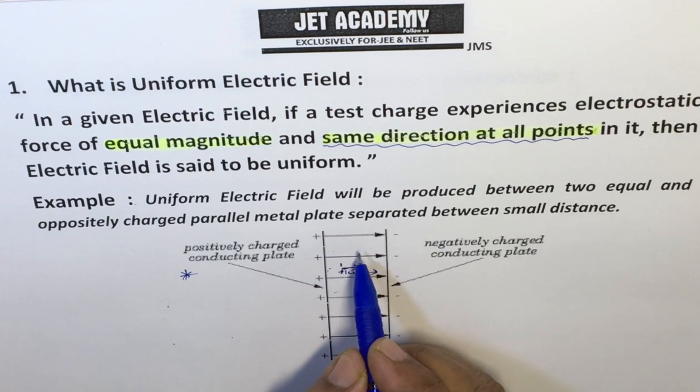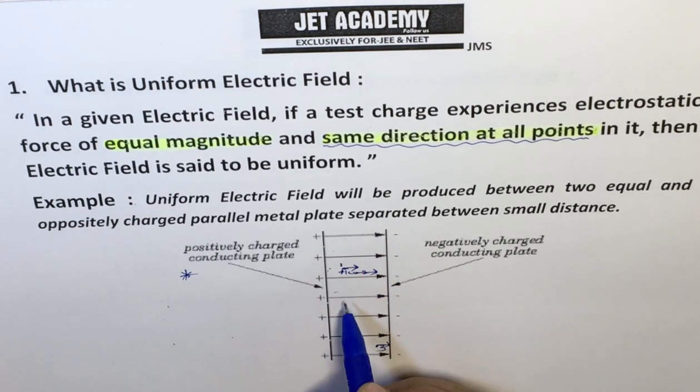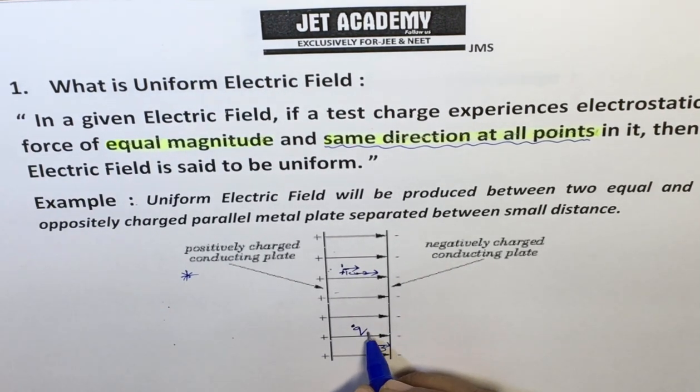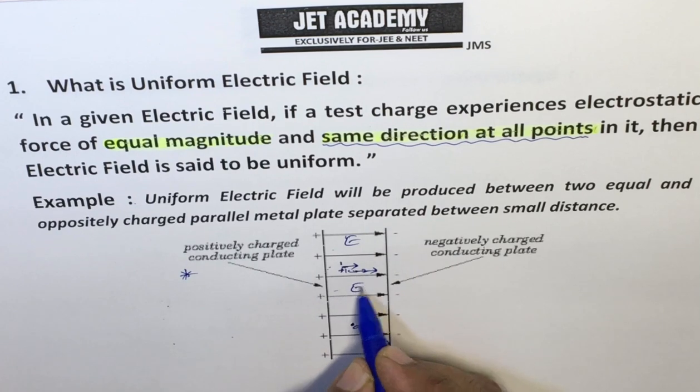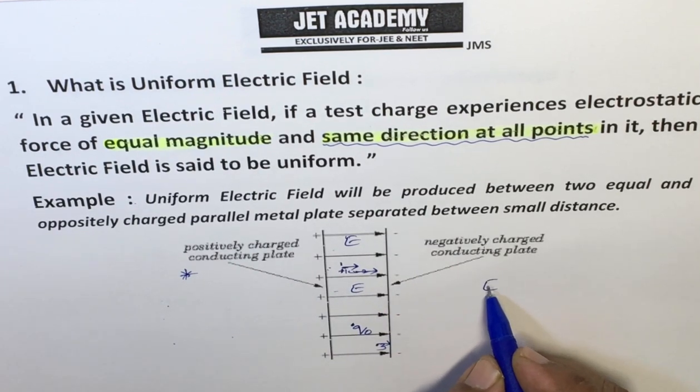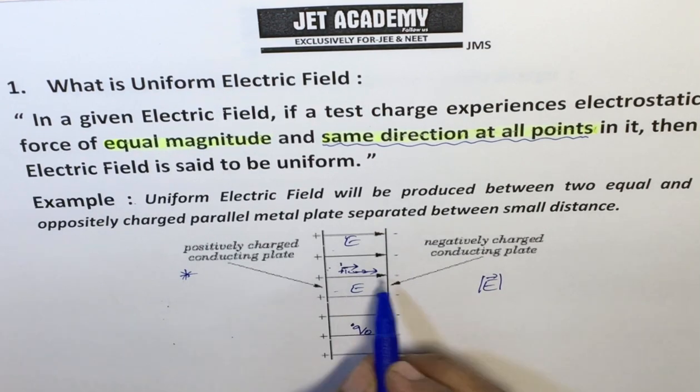If you keep a charge anywhere between these plates, the Coulombic force experienced by the test charge is the same. If you keep a test charge here, the electric field intensity is E, and everywhere it is going to be E. The magnitude of electric intensity is E everywhere, and the direction is from the positive plate to the negative plate.